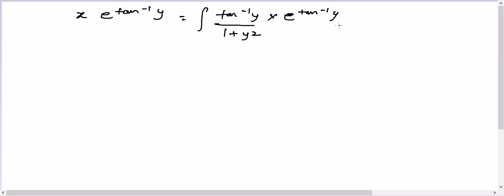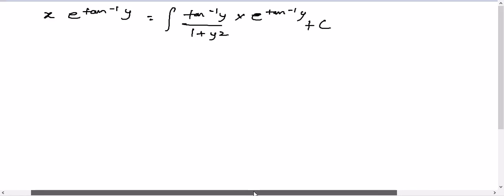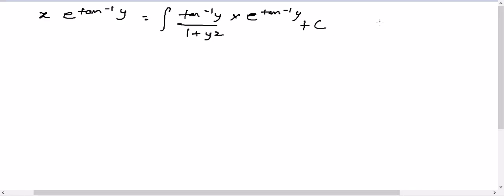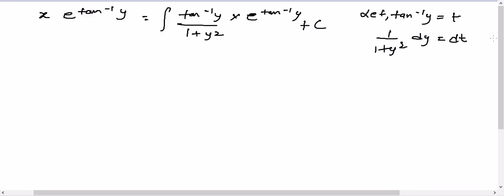So guys, on the right side you can see the terms are a bit heavy, big. So to reduce it down, we'll assume tan inverse y to be t. Okay, so the differentiation of tan inverse y is 1 over 1 plus y square, guys, so dy over 1 plus y square is equal to dt, right?